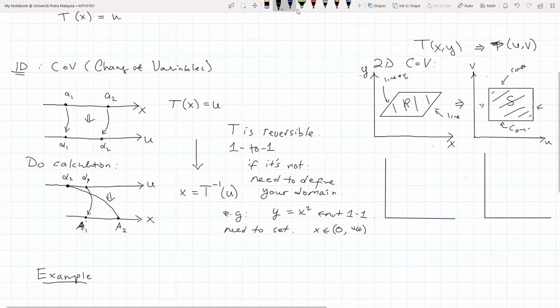For example, if I have some region like this, then in polar coordinates perhaps it looks something like this.